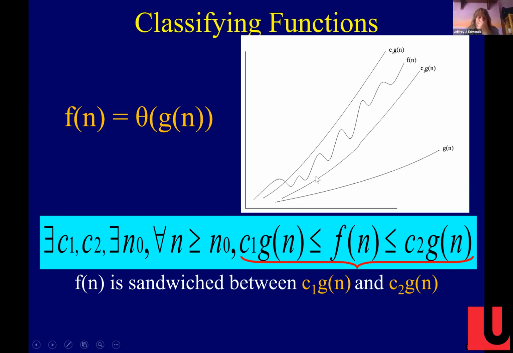So what are we saying? We're saying we have two functions, f of n. Here's a plot of f of n. As n grows, f of n grows, and it wiggles around. That's f of n. And what's g of n? g of n is this nice smooth function that we understand.